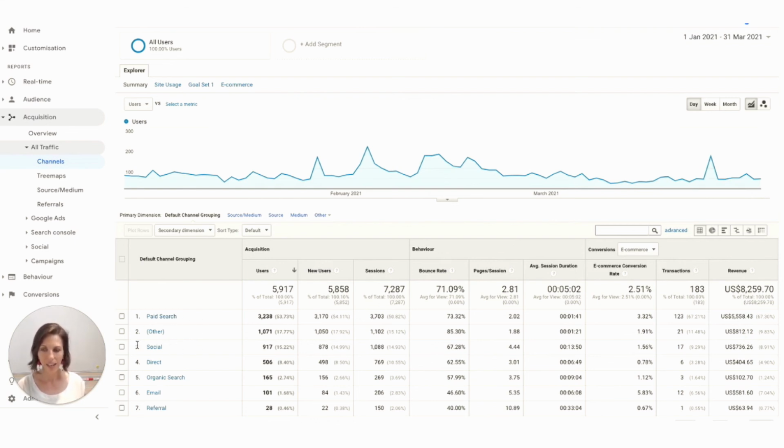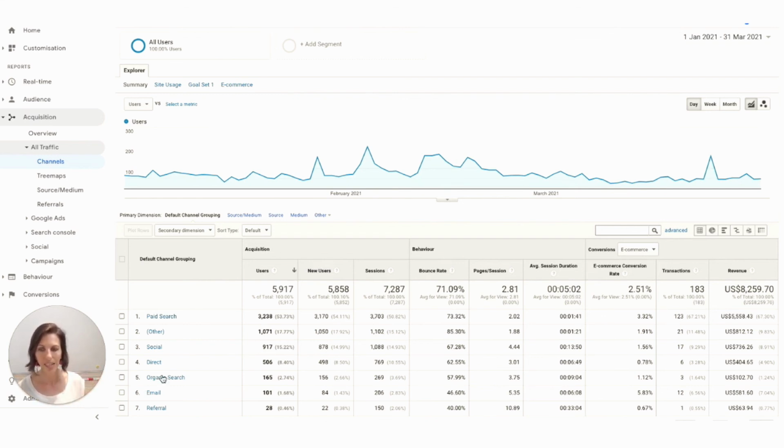How much did I actually spend on Facebook in the same time period? And for this many transactions, what would have been the cost? Therefore you can very easily calculate your return on investment.